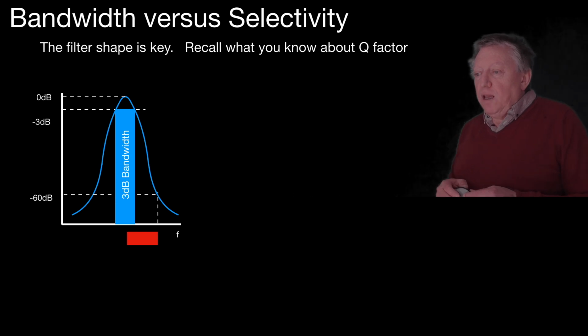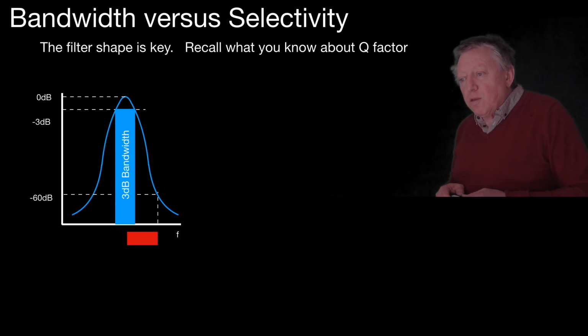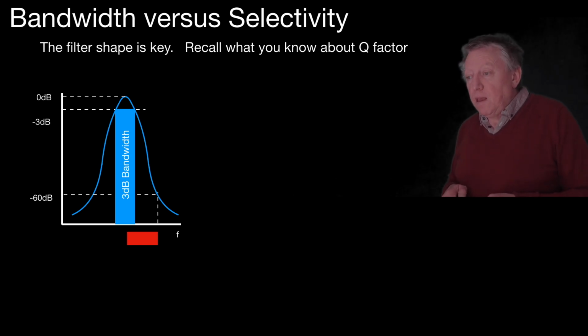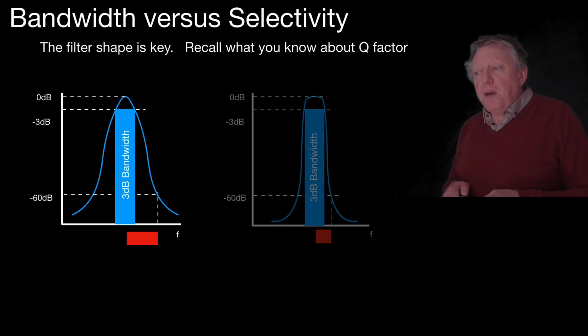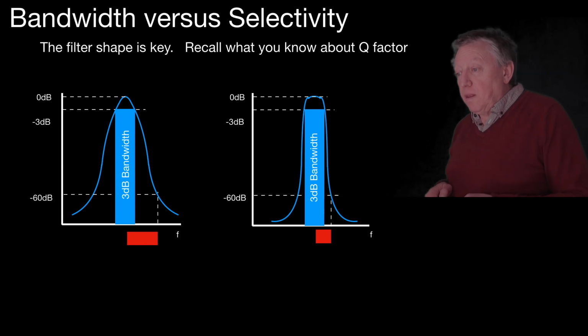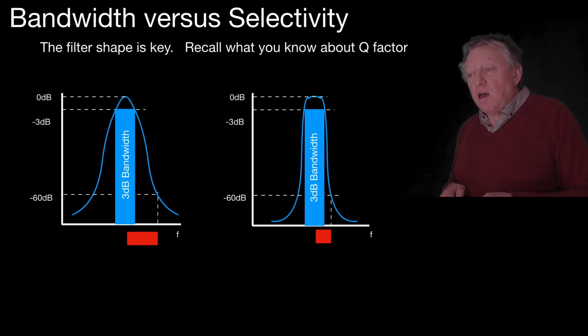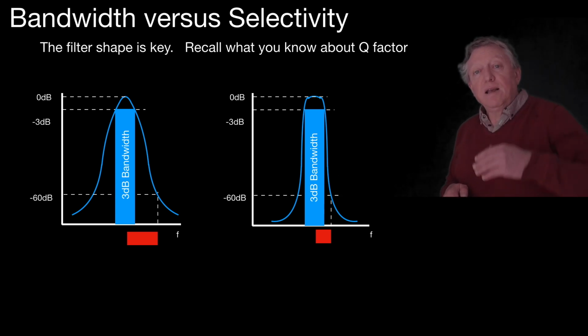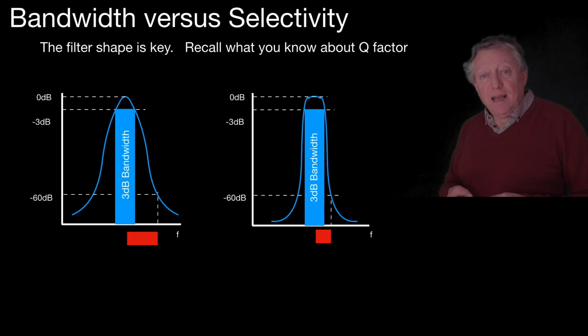There's our graph that we've been using so far. It shows some bandwidth and some selectivity. The bandwidth in the blue column, and the selectivity in red. If we had a much better receiver, the graph might look something like that. You can see here that the sides of the graph are steeper and the bandwidth remains the same, but across the 3 dB points the top of the curve is flatter, and so it is more linear in its reception.